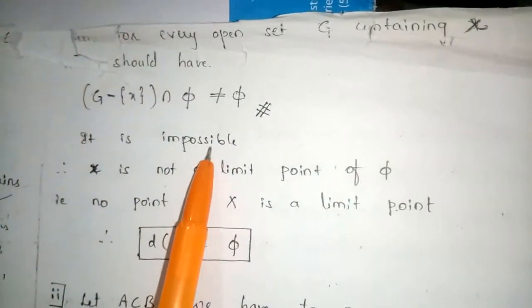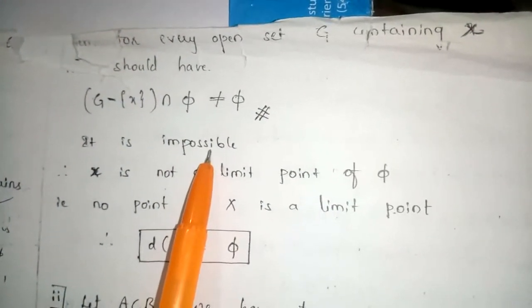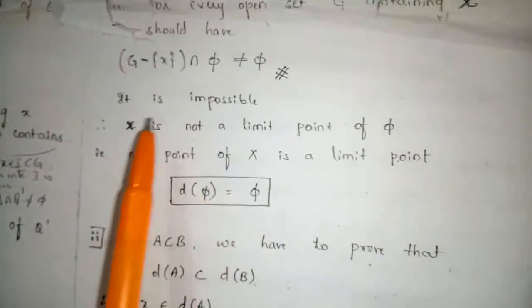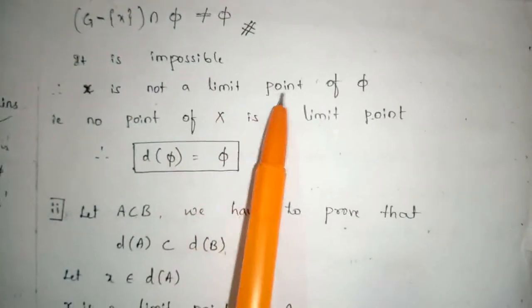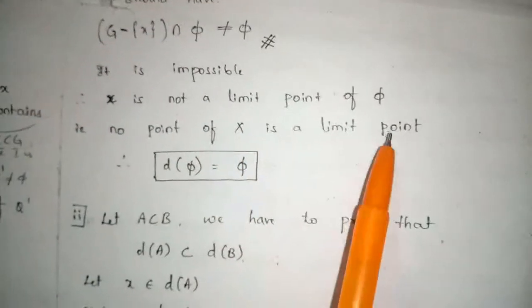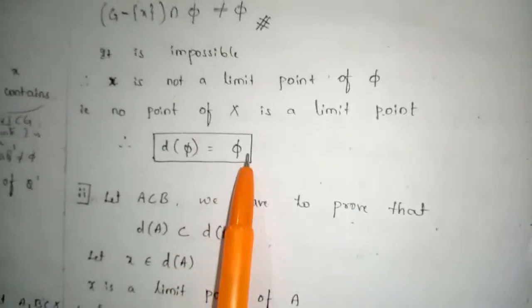It is impossible because in φ, the null set, there is no element. Therefore, this condition is not possible. Therefore, x is not a limit point of φ. That is, no point of X is a limit point. Therefore, the derived set of φ is equal to φ. This is the first condition.